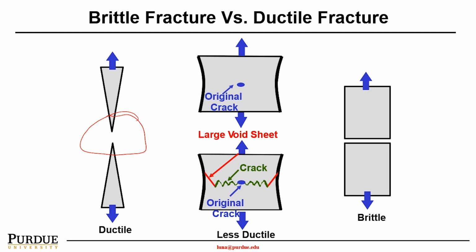For less ductile, the original crack will go through some propagation phase, and will develop a larger crack. However, for brittle material, we'll have a very clean and quick snap. So the surface is just like you have used a knife to cut it through. It's a very clean surface.